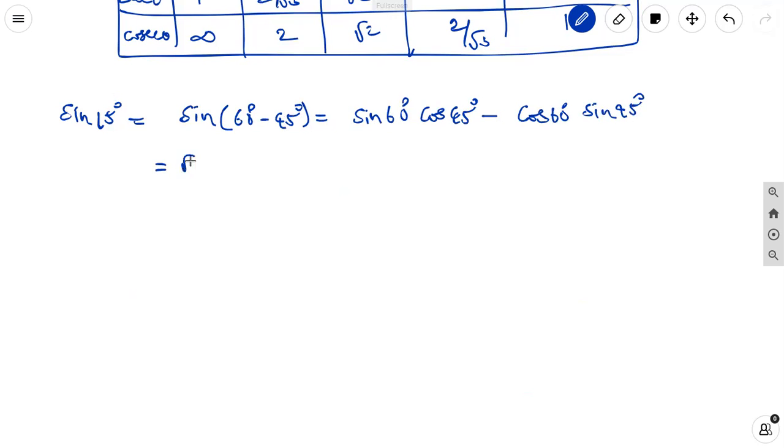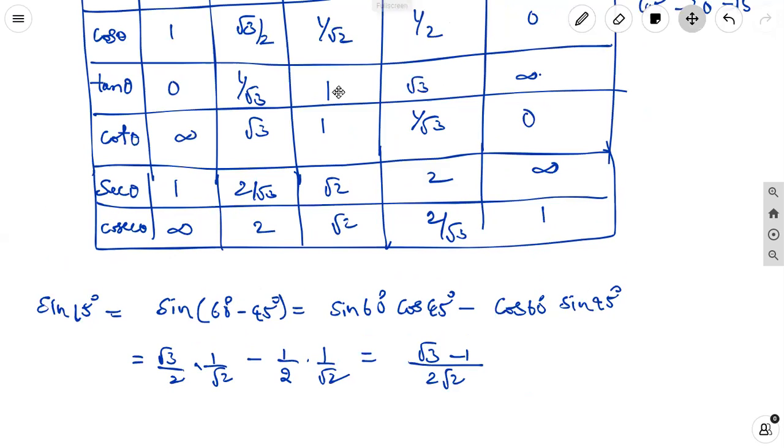Sine 60 is root 3 by 2, cos 45 is 1 by root 2, minus cos 60 is 1 by 2, sine 45 is 1 by root 2. That is equal to, 2 root 2 is the LCM, root 3 minus 1. Okay, again you can check, cos 60 is 1 by 2.